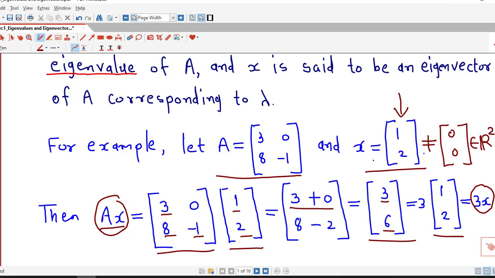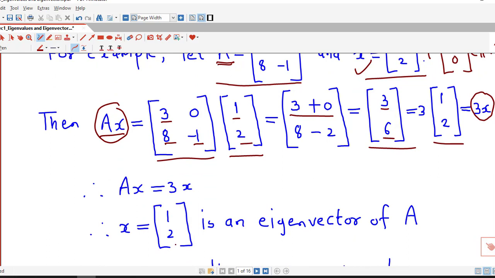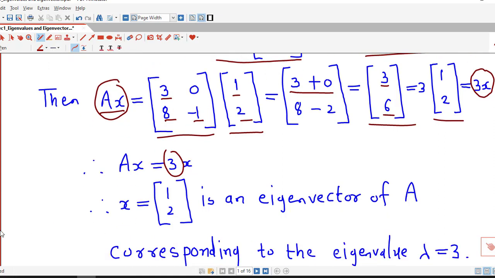Therefore this x is an eigenvector of this matrix capital A, and this scalar lambda, lambda is 3 here, is an eigenvalue of capital A. So this is just an example that x equal to 1, 2 is an eigenvector of A, and 3 is an eigenvalue of square matrix A. We will discuss how to find this type of eigenvectors for a given matrix, and also how to find eigenvalues for a given matrix.